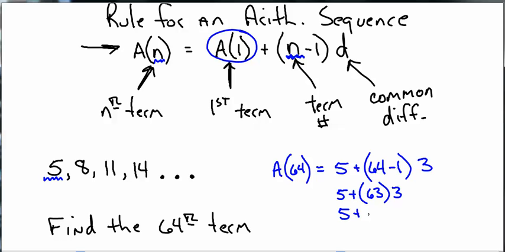63 times 3? What's this, 195? So your A of 64, or your 64th term in this sequence, is 194.